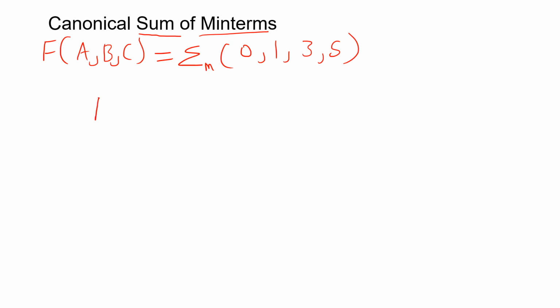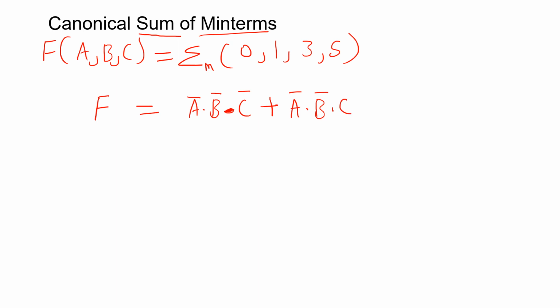Then our expression will be f equal to, you write the minterm for 0. As we have already seen, the minterm for 0 will be a bar dot b bar dot c bar, plus the minterm for 1, which will be a bar dot b bar dot c.